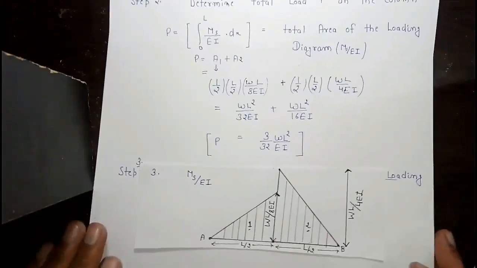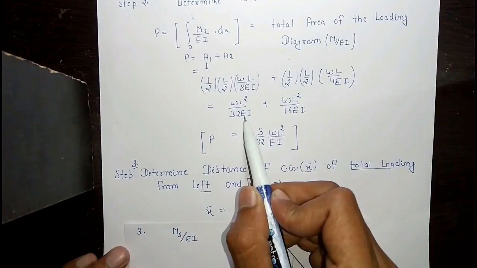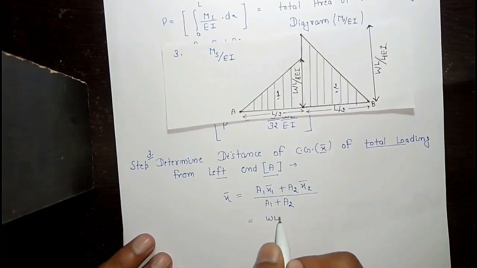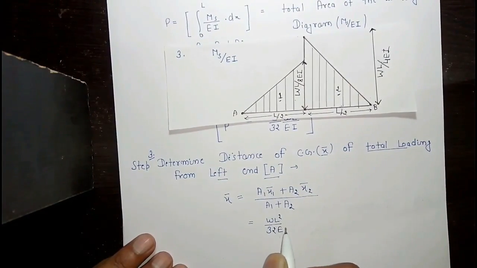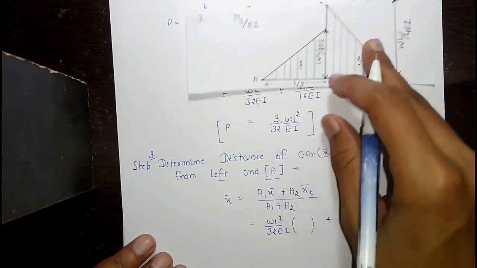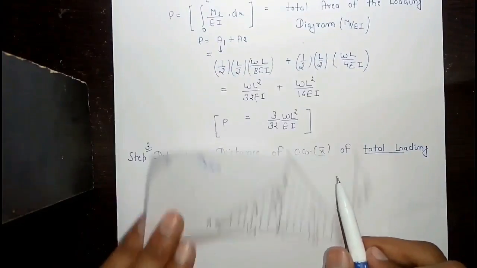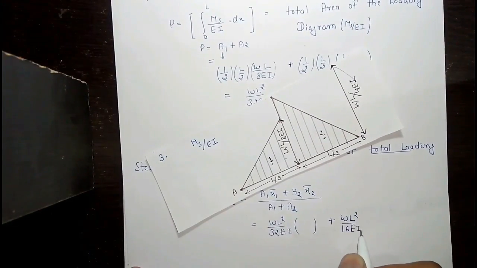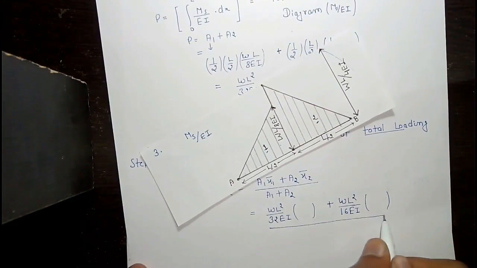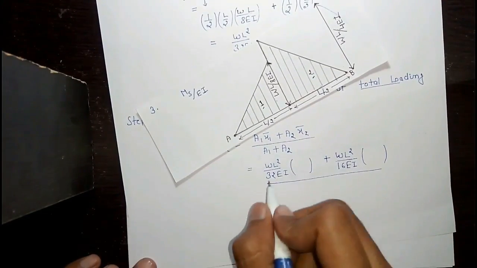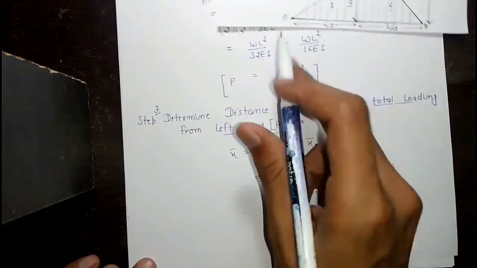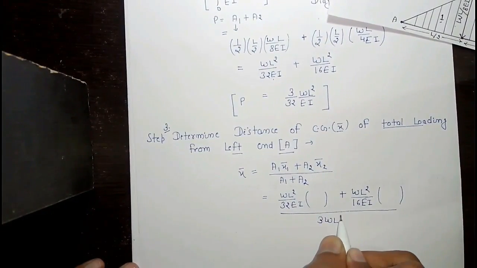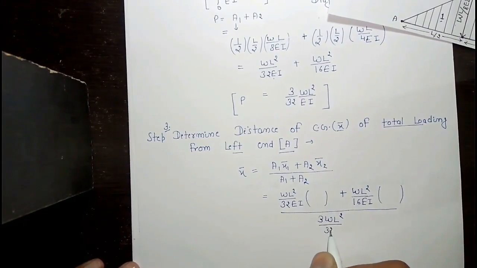Where A1 is the area of right angle triangle 1 and equal to WL square divided by 32EI, and A2 is WL square divided by 16EI, and the total area is equal to P and equal to A1 plus A2, which is 3 WL square divided by 32EI.